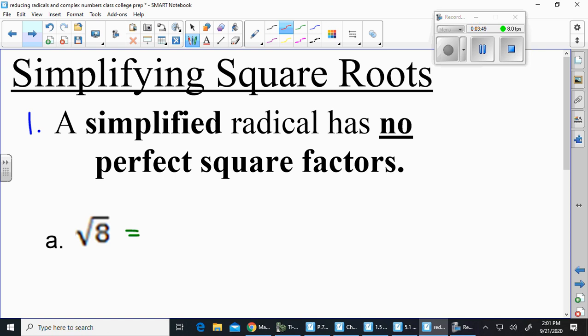So I then use that first rule. Radical 8 is radical 4 times radical 2. But when I look at that, I know that the square root of 4 is 2. I do not know the square root of 2. The square root of 2 is the square root of 2.